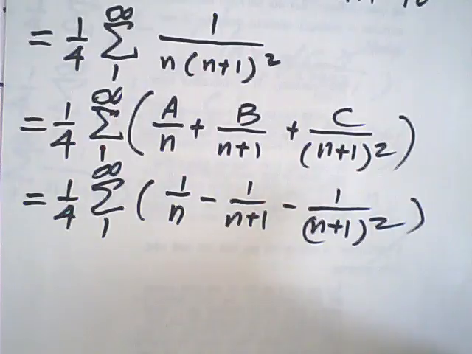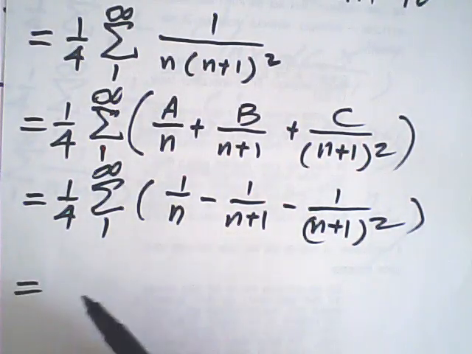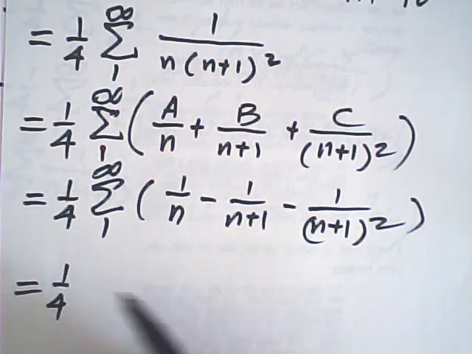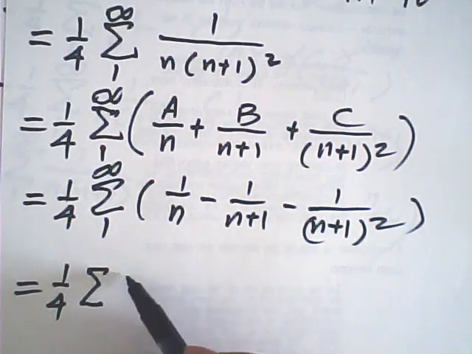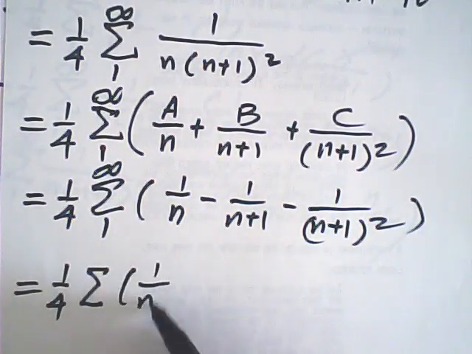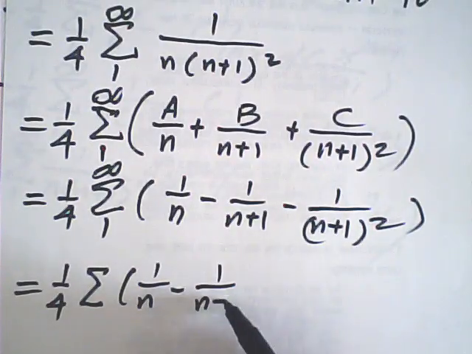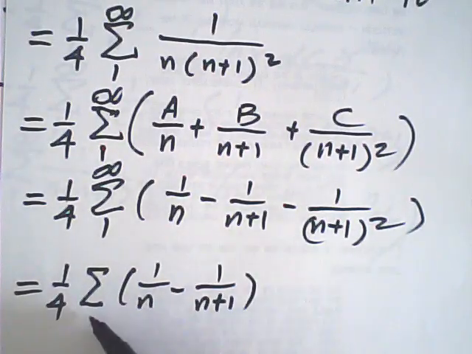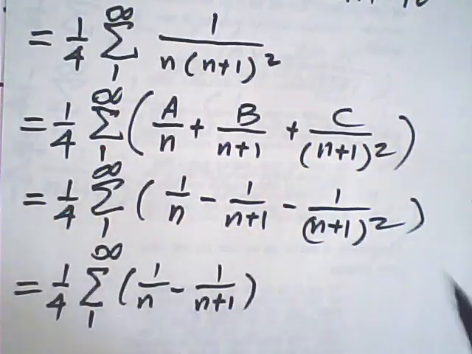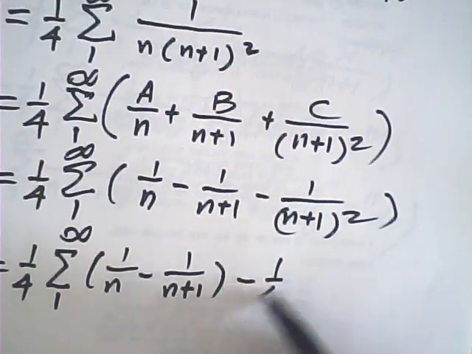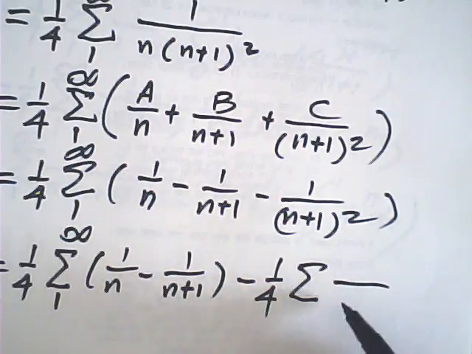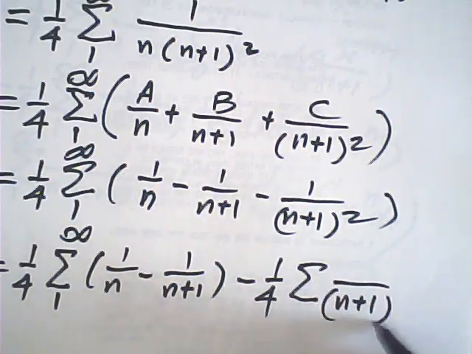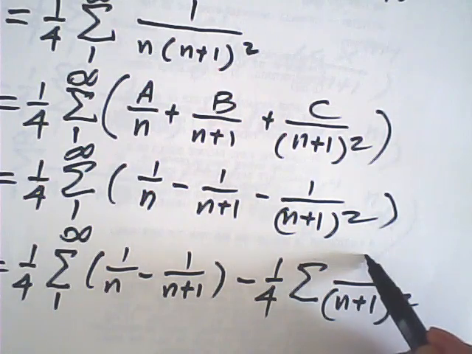Now then this one is equal to 1/4 sigma of 1 over n minus 1 over n plus 1. That is for these two terms, right? Minus 1/4 for that one, the sum of 1 over (n plus 1) squared.